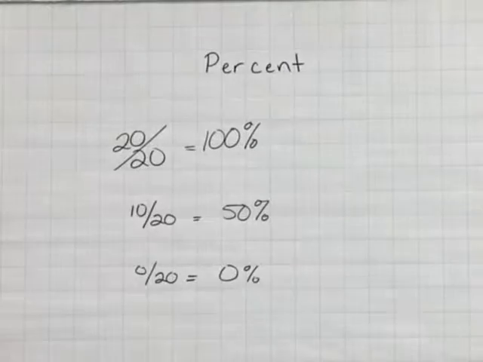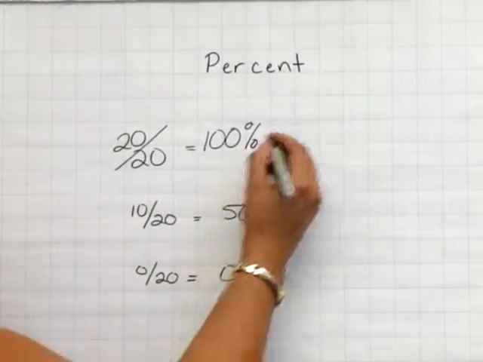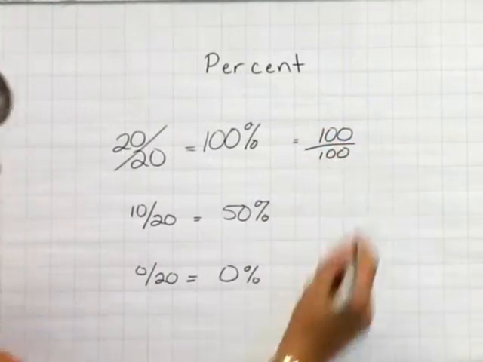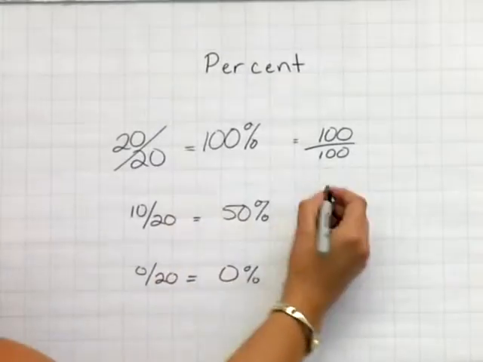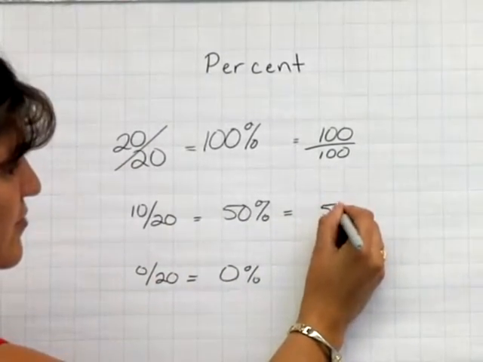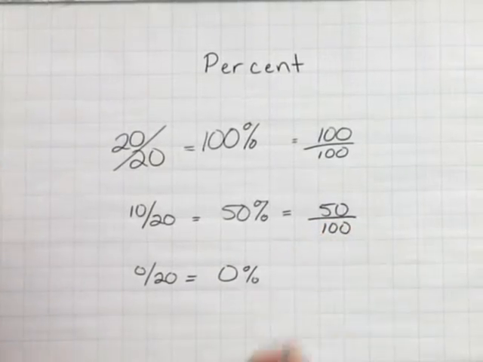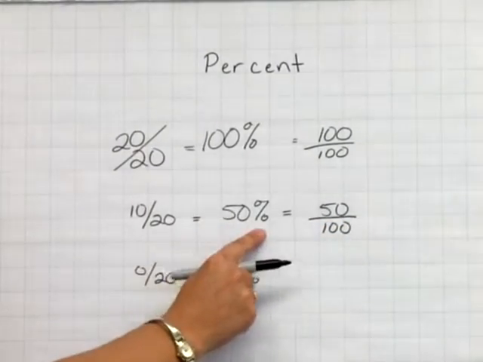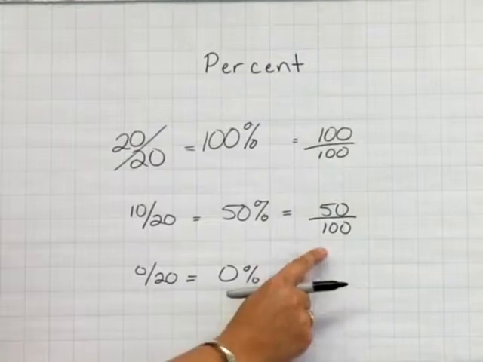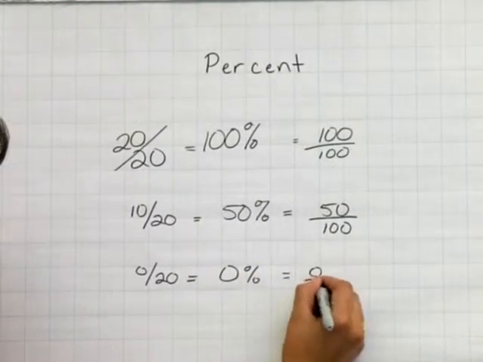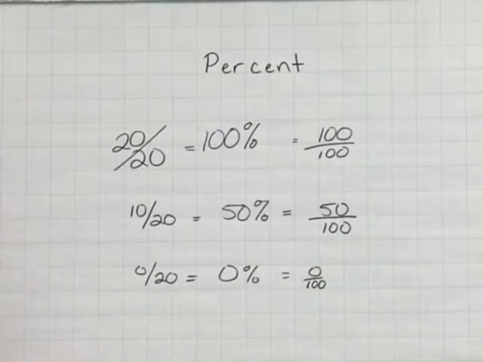So 100% is equal to 100 over 100. 50% is equal, we have 50 per cent, which is 100. So to write 50% as a fraction, it's 50 over 100. To write 0% as a fraction, it's 0 over 100.